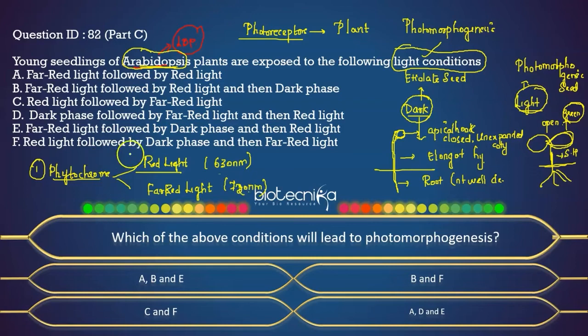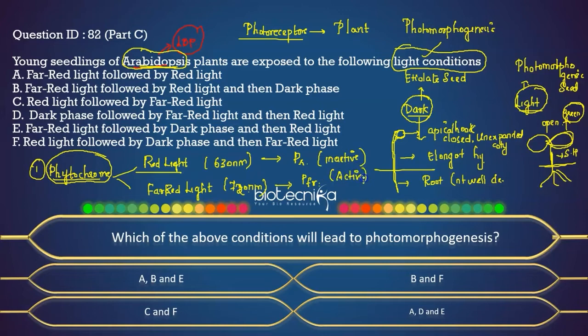If a phytochrome absorbs red light, it is called PR. If it absorbs far red light at a wavelength of 720 nanometer, it is called PFR. So a phytochrome exists in two forms, PR and PFR. Just remember, PR is inactive, whereas PFR is active.